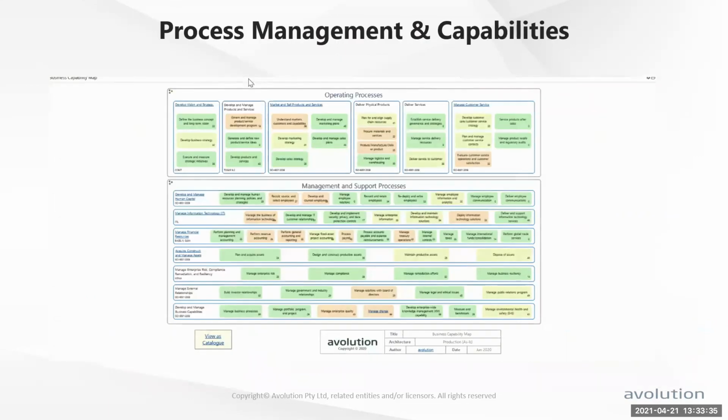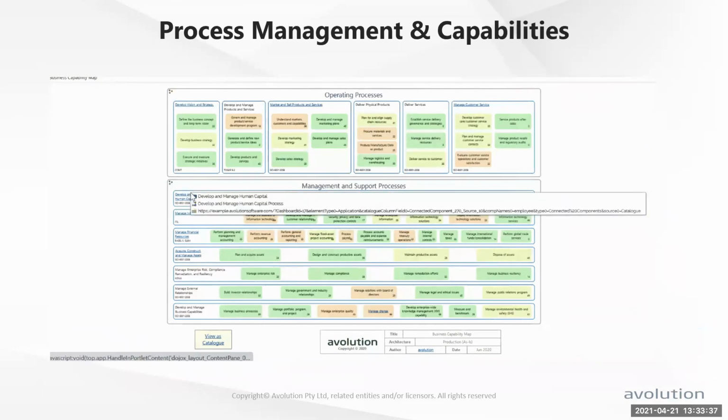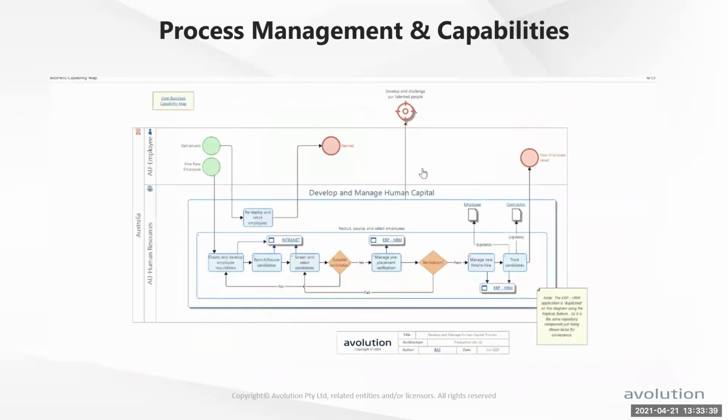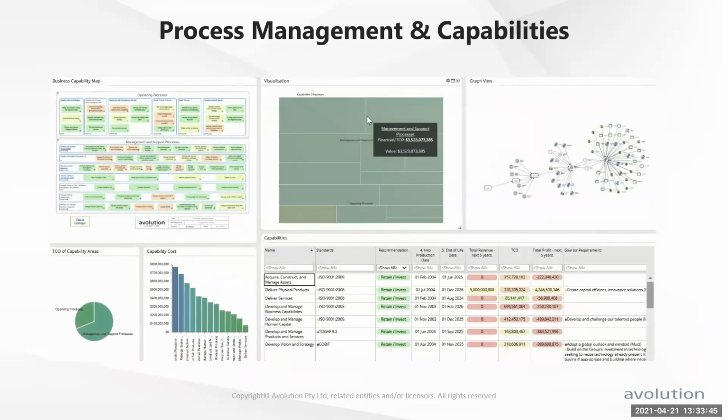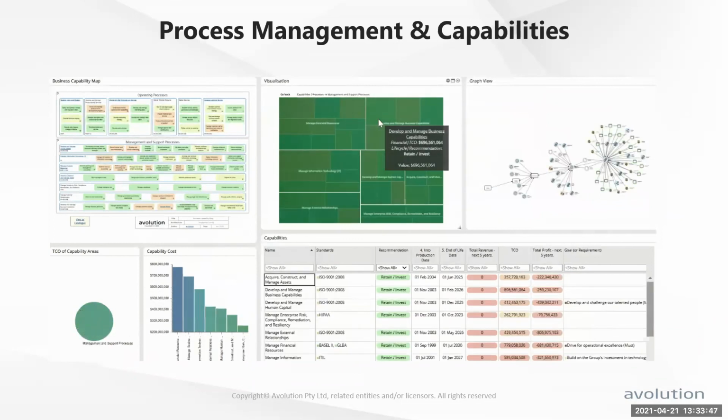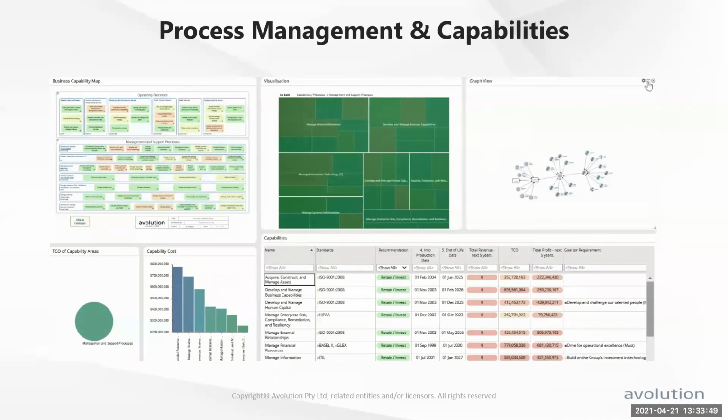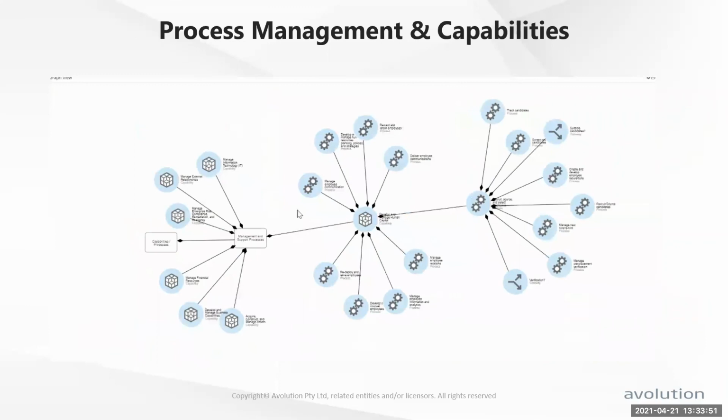So maybe it needs to be accessible from a process perspective. We want to start drawing out individual processes or capabilities that we have and understanding that if we introduce new technology, realize that these processes will be affected. There are going to be metric changes, whether it's going to be something like a cost increase or decrease.